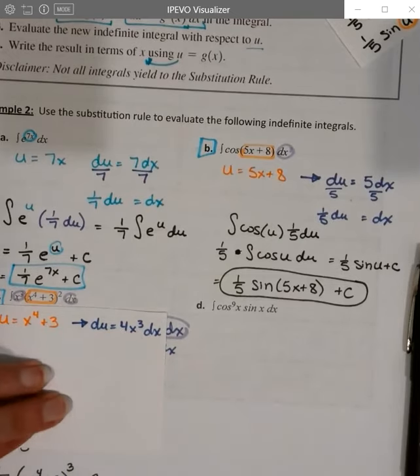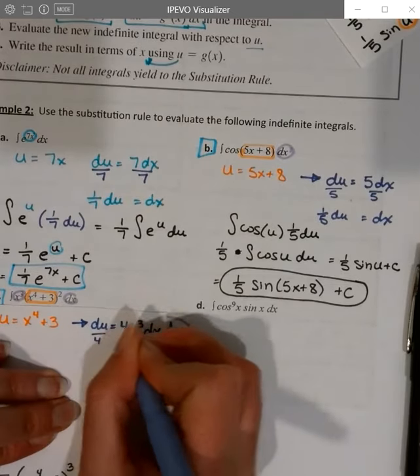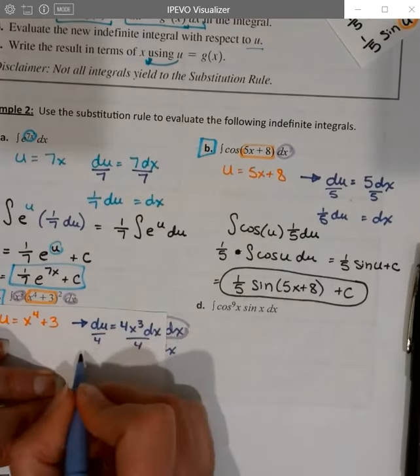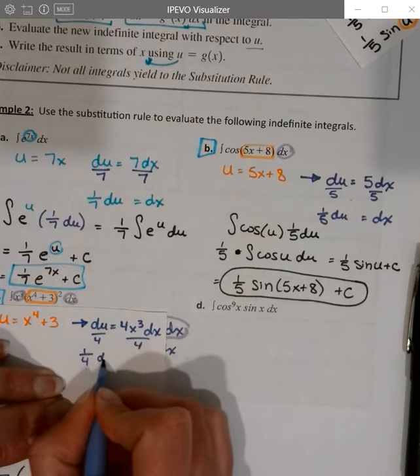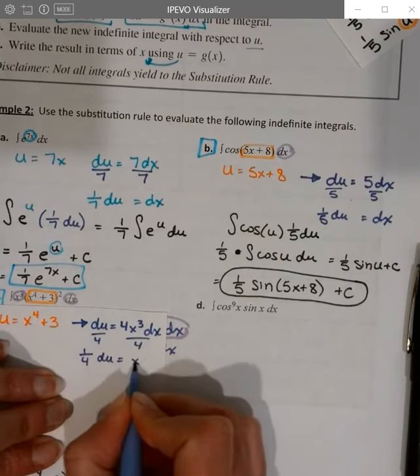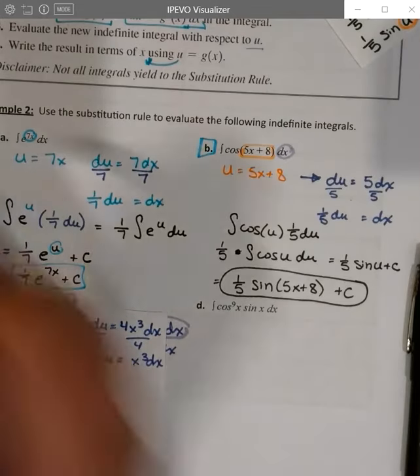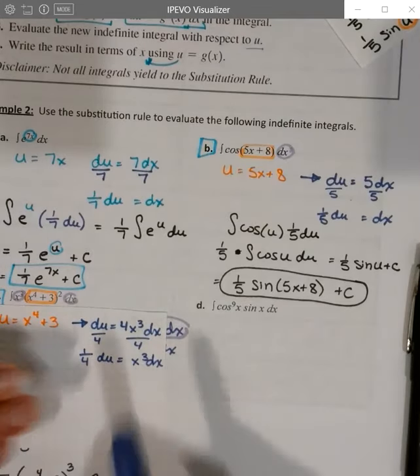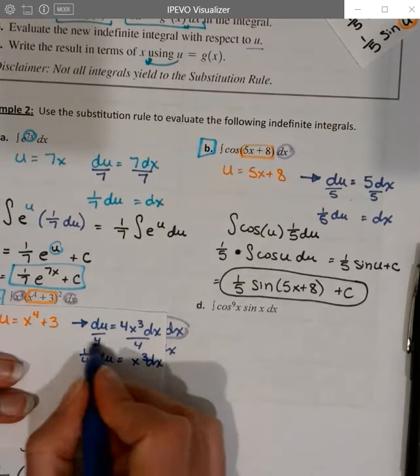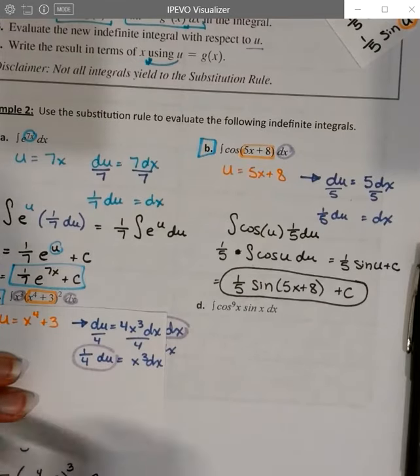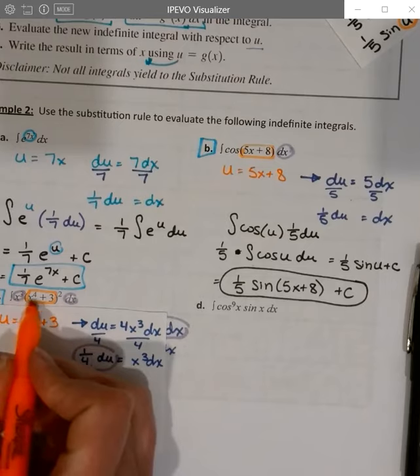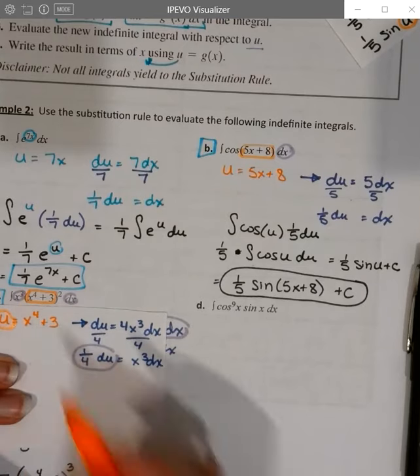I just need to divide the 4 off. So if we divide both sides by 4 and write 1/4 du equals x cubed dx, then I'm going to be able to replace both x cubed and dx together with the 1/4 du, and we're going to be able to replace the x to the 4th plus 3 with u.